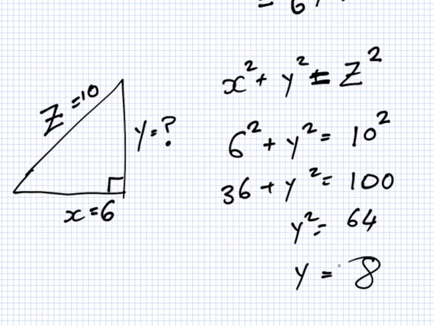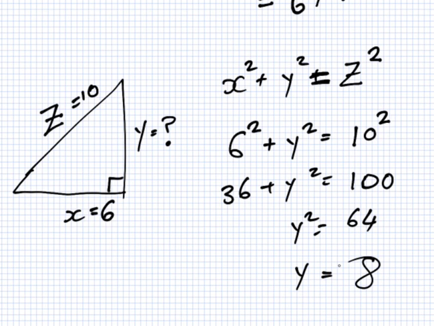The last thing, I didn't actually say it because we've done it in physics already, but just to say it, if you have x, y, z, Pythagoras: x squared plus y squared equals z squared. But everybody knows this. You learned this in middle school.